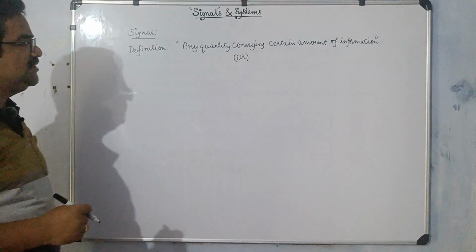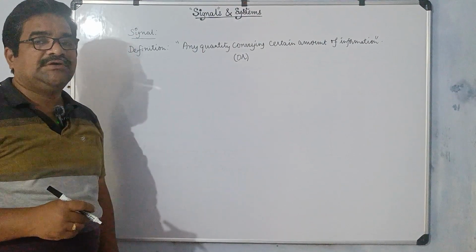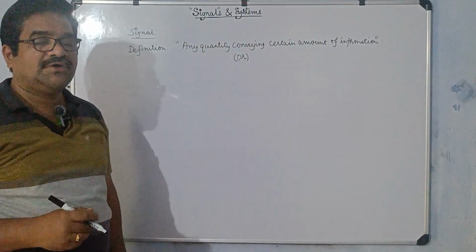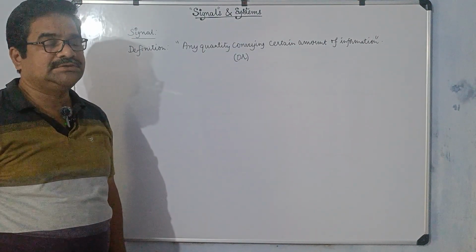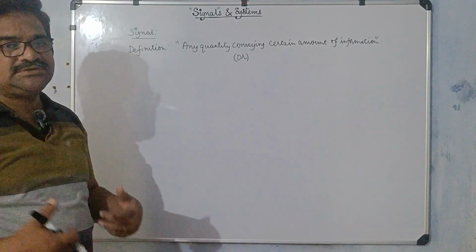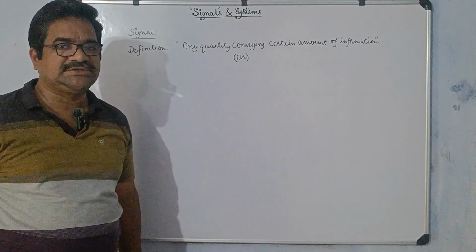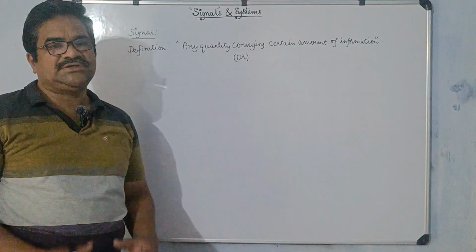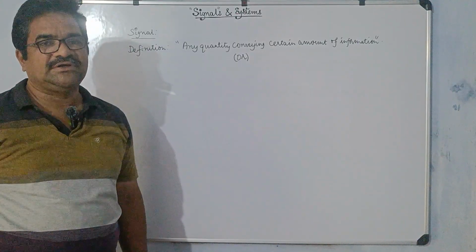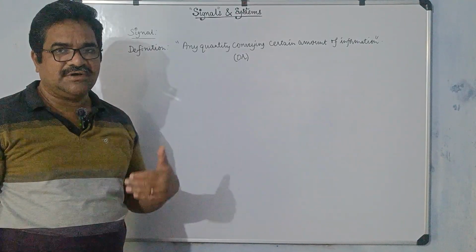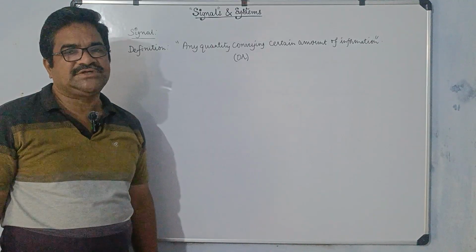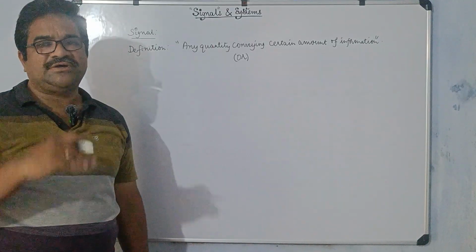So signal is any quantity which is varying with one or more independent variables. That is, let us say I am speaking now, I am generating a speech signal. This speech signal keeps on changing with time. It is not fixed. Okay, the amplitude of the signal which I am generating keeps on varying.